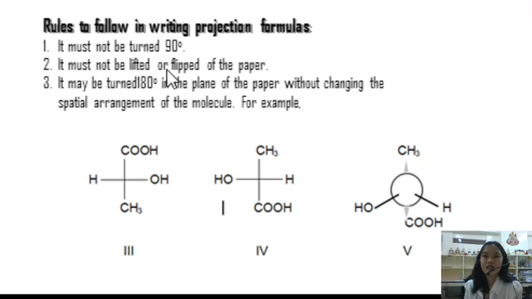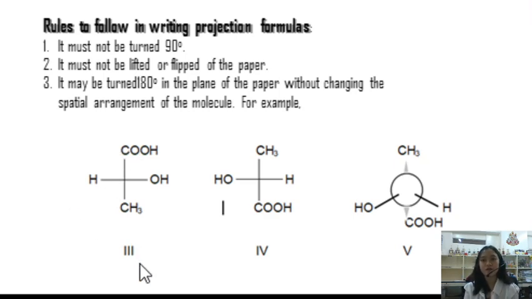It must not be lifted or flipped off the paper. So, hindi pwedeng iba-ibahin mo yung kanyang structure, and then it may be turned 180 degrees in the plane of the paper without changing the spatial arrangement of the molecule. Okay? So, hindi siya pwedeng i-turn ng 90 degrees, but you can turn it 180 degrees. So, meaning ito, full 180 degrees. 90 degrees, hindi pwede. Full 180 degrees, pwede.